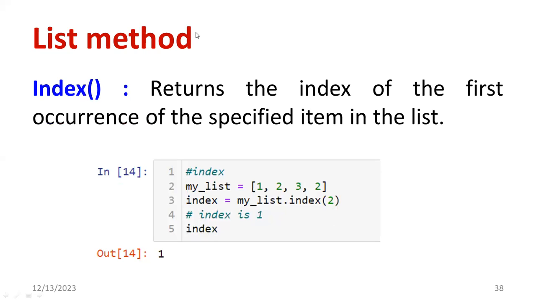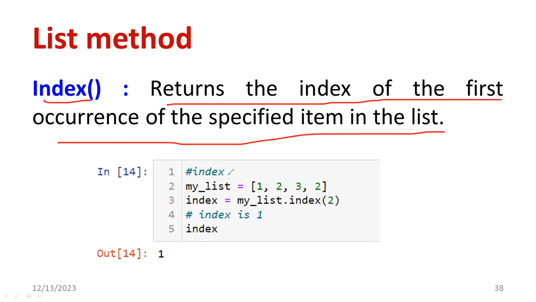Another one is called index. Why is index needed? It returns the index of the first occurrence of the specified item in the list. We have a list, my list, with 4 items: 1, 2, 3, 2. I am applying mylist.index(2). This is index 0, index 1, index 2, index 3.